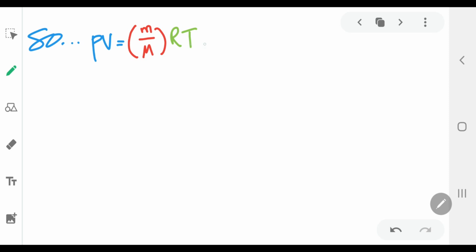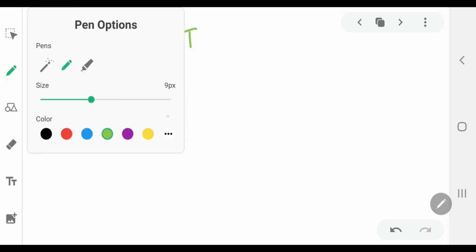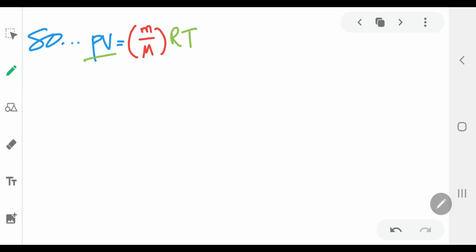If I am going to move RT to the other side, I divide by RT, and over here I'm also going to divide by RT.